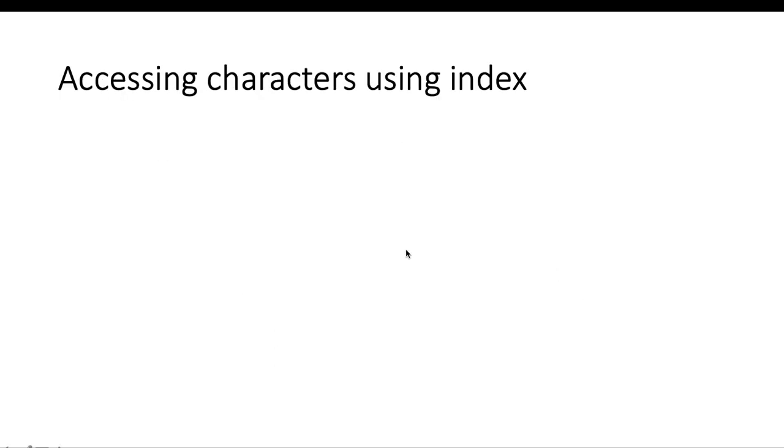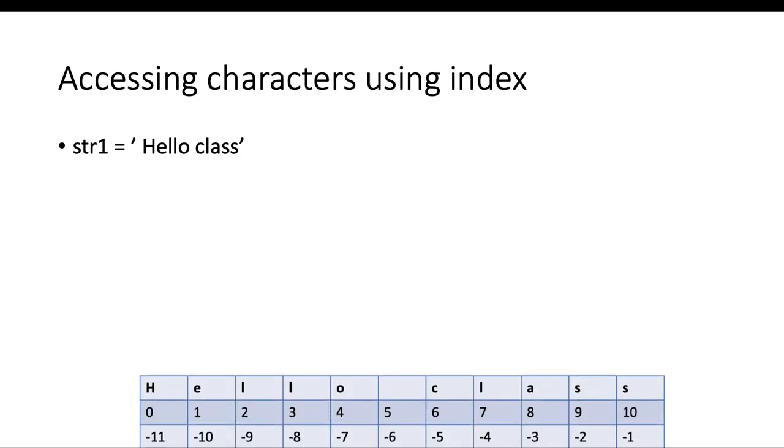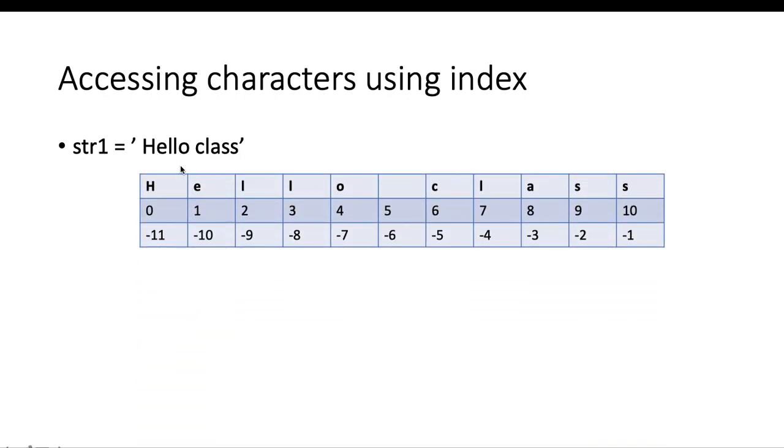Next, we can access characters using an index. For example, our string is hello class and we can access it using an index. Index starts from 0, like 0, 1, 2, 3, 4 till the end of the string, and if we use a negative index, then -1 is the last character of the string.